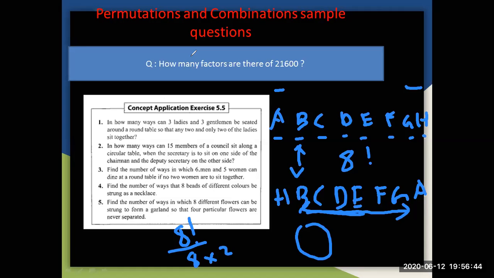Should we try another question involving just circular permutations, or relegate that to later and proceed? How much time do we have?